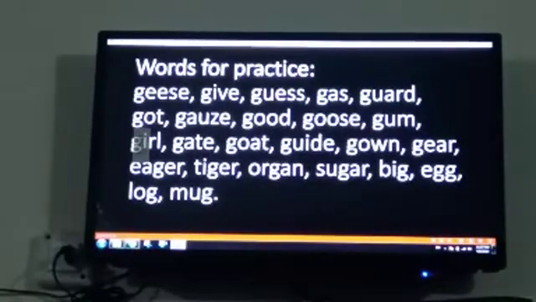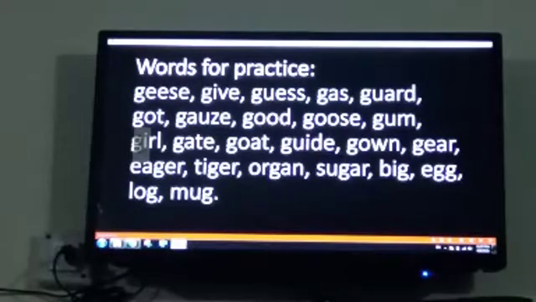Geese, give, guess, God, gauze, good, goose, gum, girl, gate, goat, guide, gown, gear, anger, tiger, organ, sugar, big, egg, log, and mug.